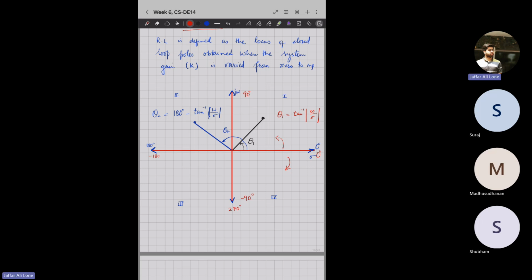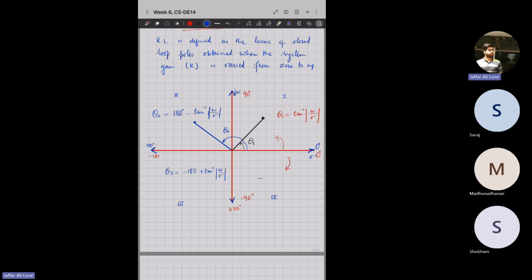I'll not go into detail and will directly write theta 3. If it is in the third quadrant, it will be minus 180 plus tan inverse of omega by sigma.